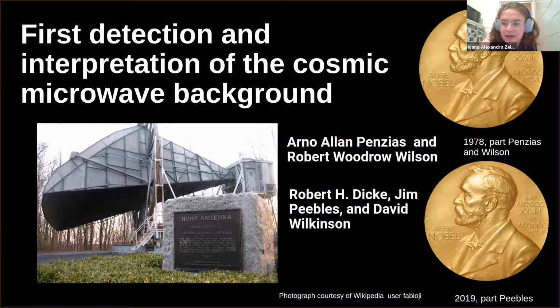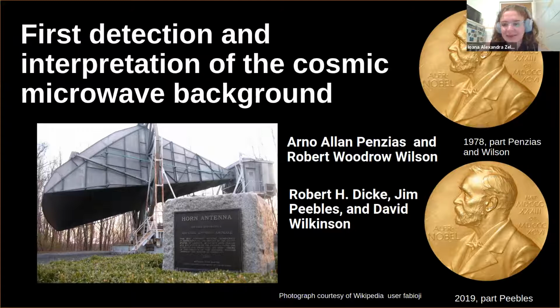the Horn antenna at the Bell Laboratories in New Jersey. But the results were jointly published in two papers, one experimental by them and one theoretical by Robert Dicke, Jim Peebles, and David Wilkinson, which provided the expected interpretation for the radiation and linked it to the thermal early history of the universe.